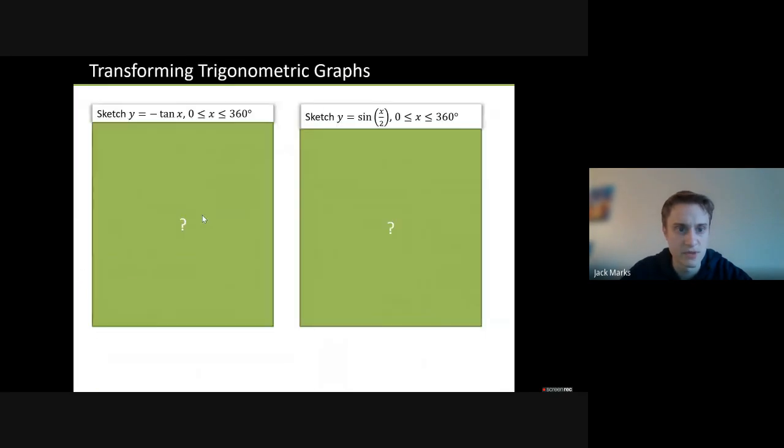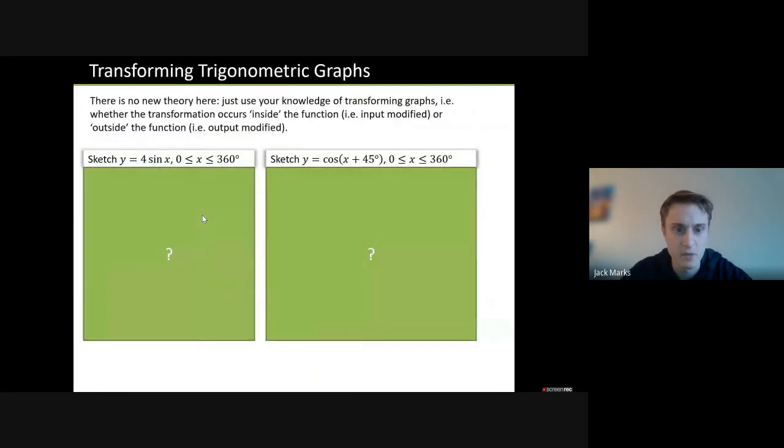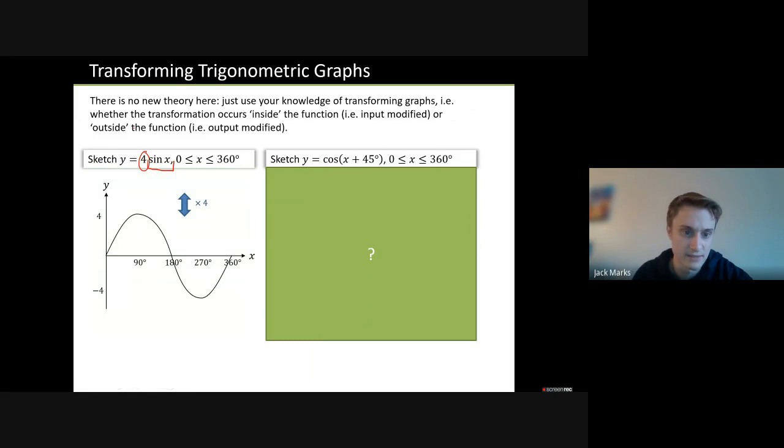Final part, which we'll just very quickly discuss, is transforming them. So as you would have seen in chapter 4, you need to start with the regular graphs and think about if the change is inside or outside the function and how this will affect things. This is a stretch, scale factor 4 in the y direction. So instead of being between 1 and -1, it's 4 and -4.